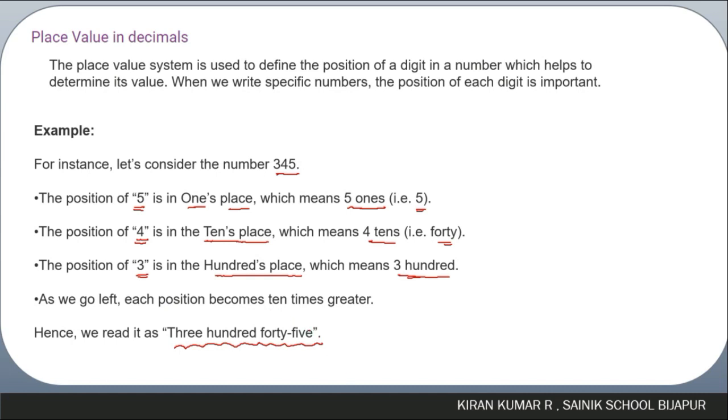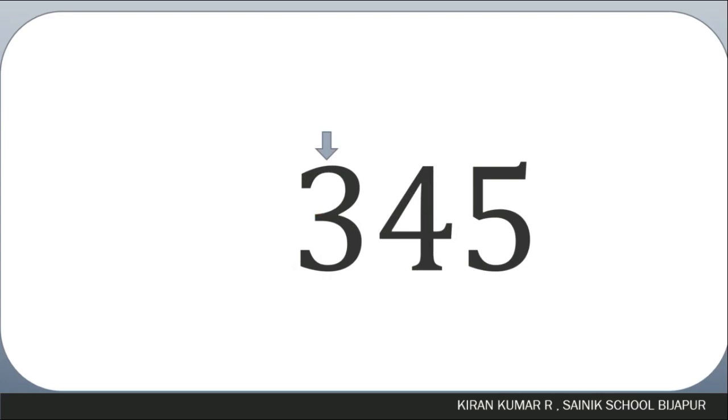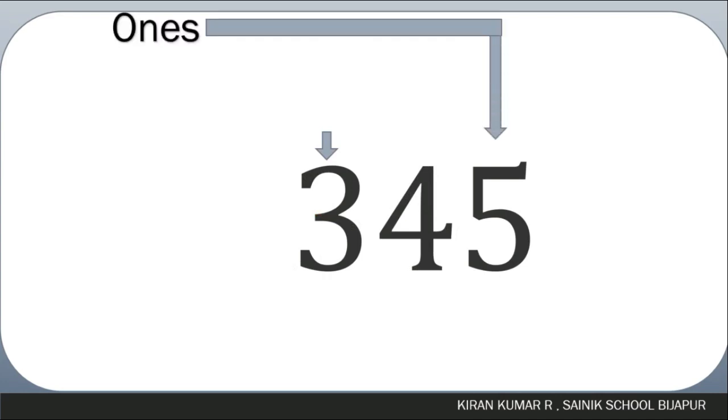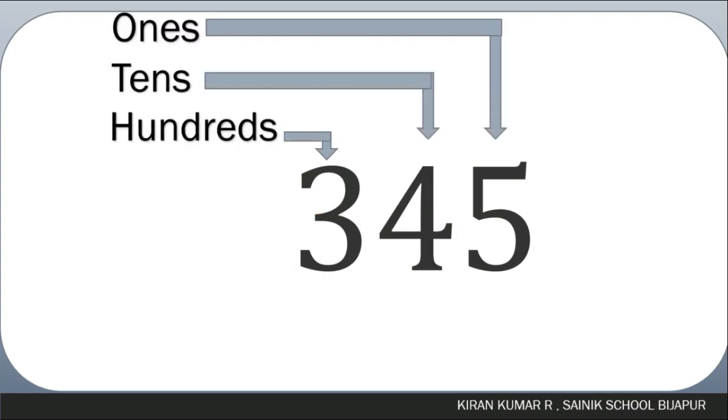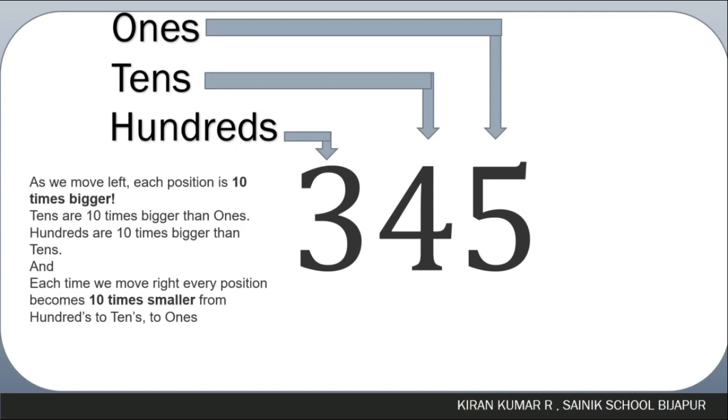Once again, I'll take the number 345. Here 5 is in the ones place, 4 is in the tens place, and 3 is in the hundreds place. As we move left, each position is 10 times bigger. Here you can see when we move from right to left, the value of each digit increases by 10 times.